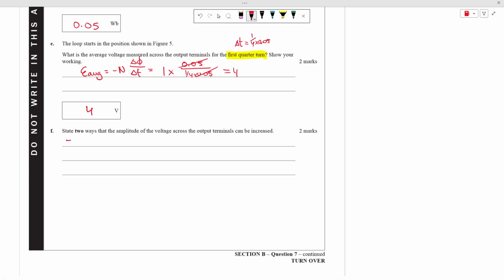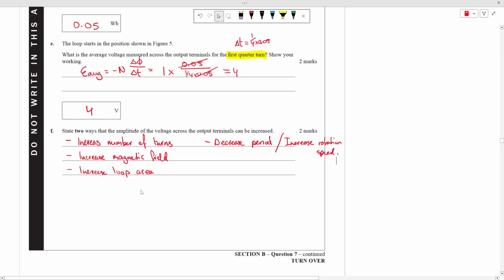That would produce a decrease in delta T here. So one of either increase n, so increase number of turns, increase magnetic field, increase loop area, or decrease period / increase rotation speed.